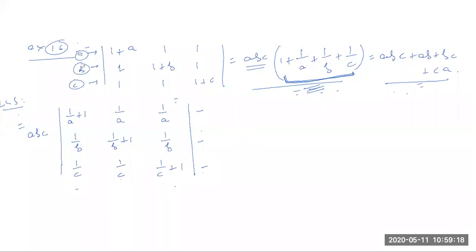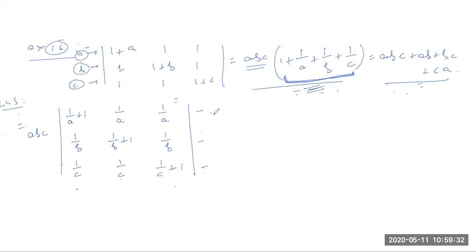So on adding these three, you'll get A, B, C. And what we are doing here is replacing R1. R1 is being replaced by R1 plus R2 plus R3. Okay, R1 will be replaced by R1 plus R2 plus R3. So these three are getting added.